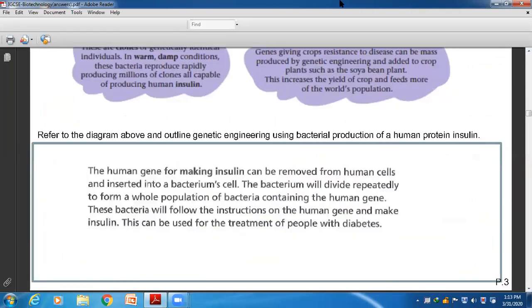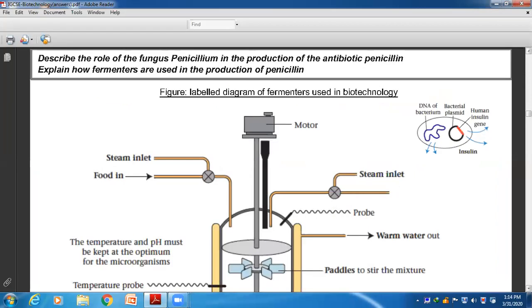Okay, all right. Yes, I will send you this document, don't worry. If you have any question regarding the topic, you can ask. So this is the general mechanism of how anaerobic respiration happens and why we are using yeast.